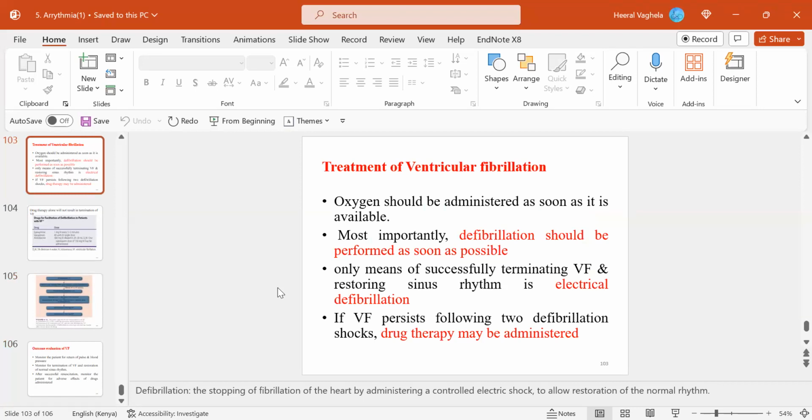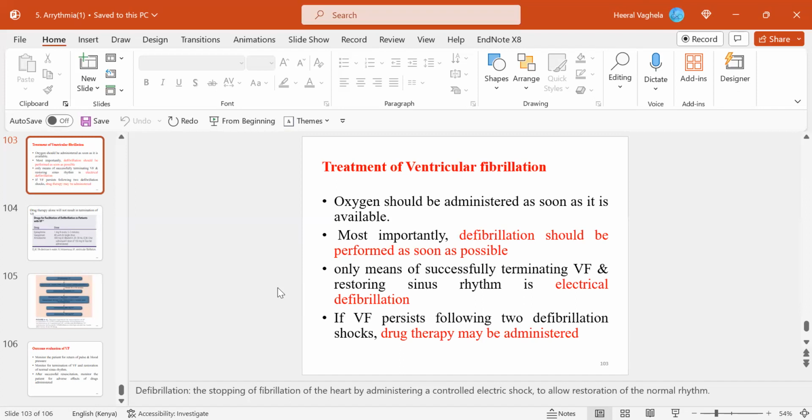Yeah, so that is it for arrhythmias. Ventricular arrhythmias, you look at ventricular tachycardia and ventricular fibrillation. In ventricular tachycardia, the ventricles are beating quite fast at 150 to 250 beats per minute. The QRS complexes hide the P wave, so in the ECG, it looks like there's no P wave.